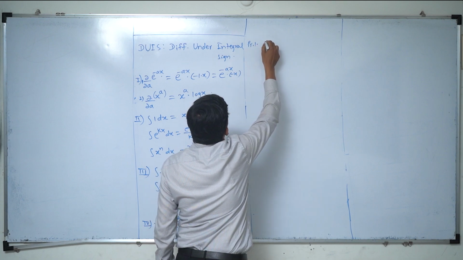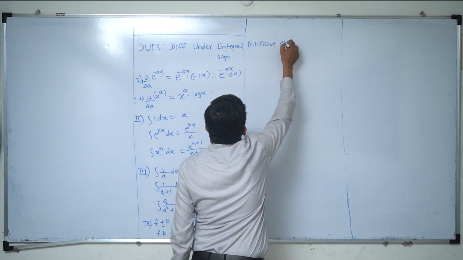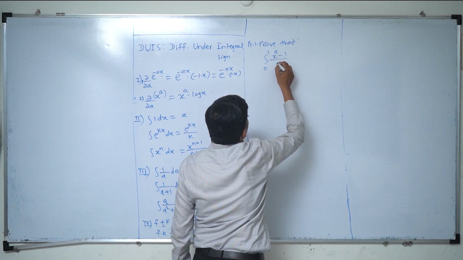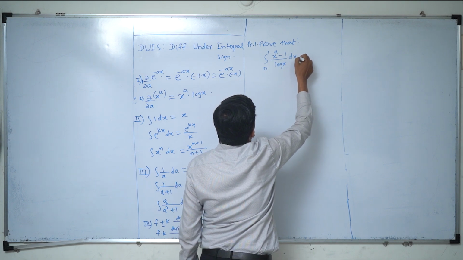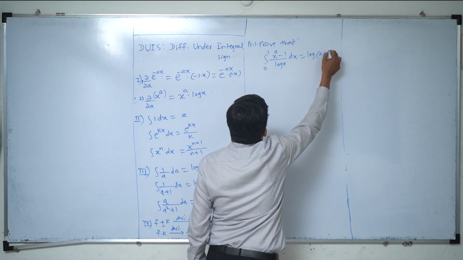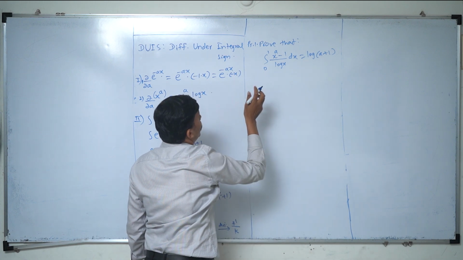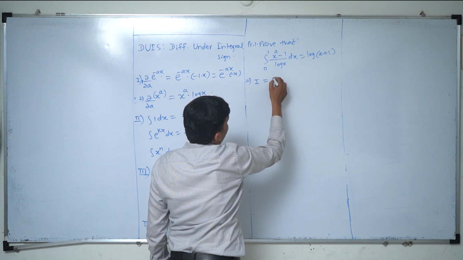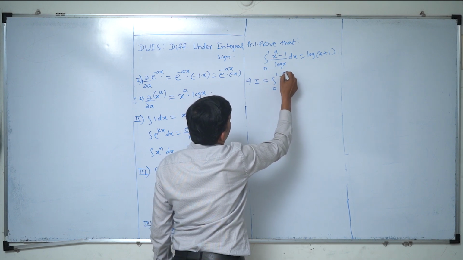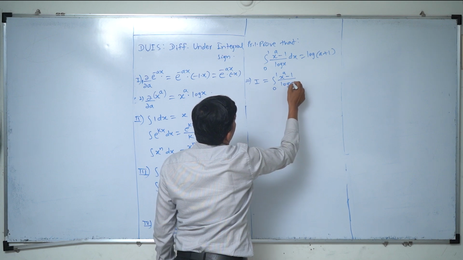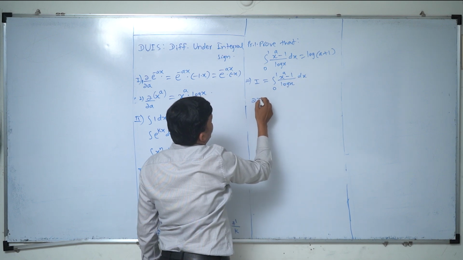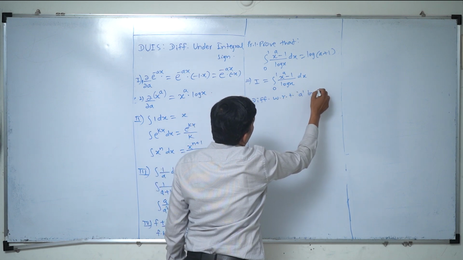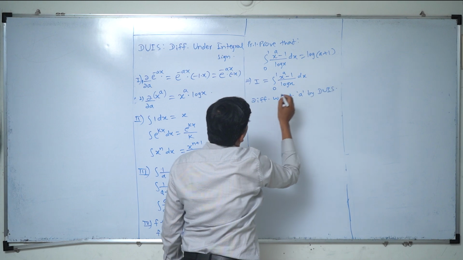Problem number 1, prove that the integral from 0 to 1 of (x raised to a minus 1) upon log x dx equals log of a plus 1. First, take that integral as I, then differentiate with respect to a by using DUIS.